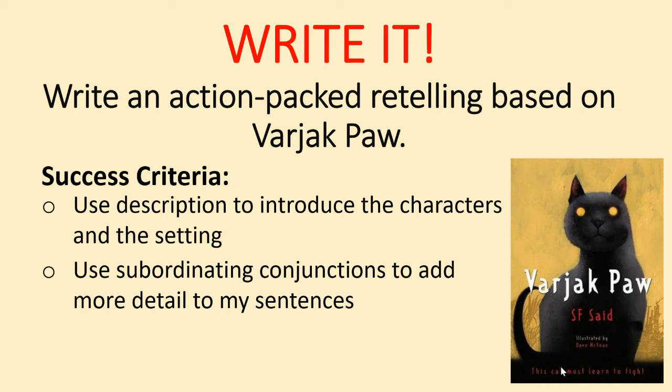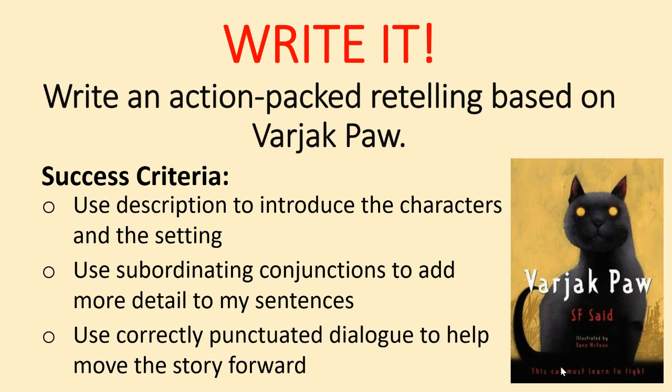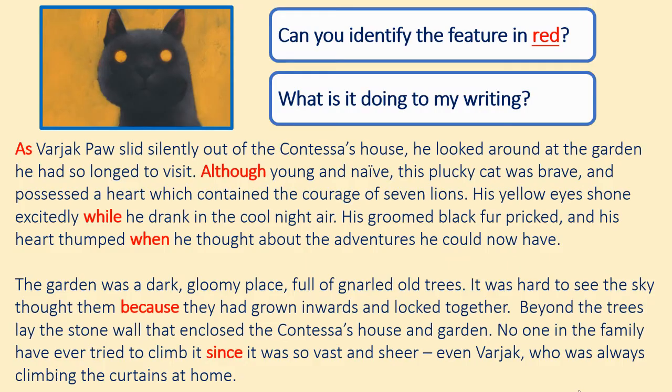And we did a long lesson on that on Monday too. And finally, you're going to use correctly punctuated dialogue to help move the story forward. And that's what we learned about yesterday. So we're going to use the skills that we've learned to do our retelling. And we're lucky because we know what happened in that chapter so well now that we're going to be able to really focus on the success criteria.